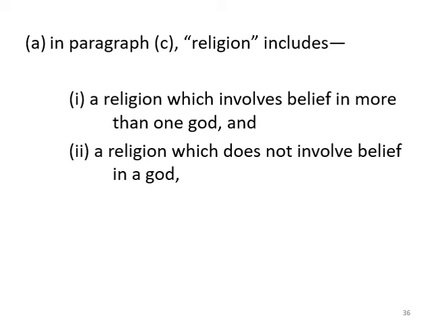But finally, you have some sort of belief regarding God. God is there, that's one belief. God is not there at all, that's also a belief. That's why religion includes a religion which involves belief in more than one God, or a religion which does not involve belief in God.